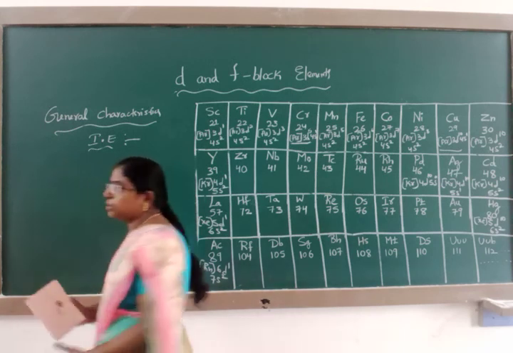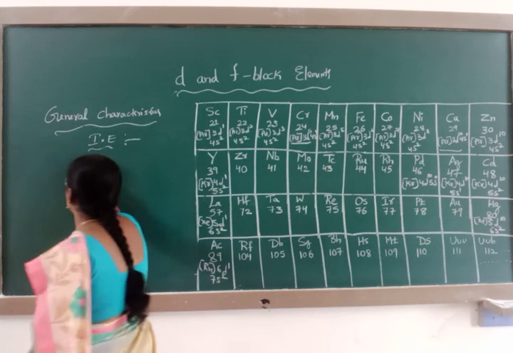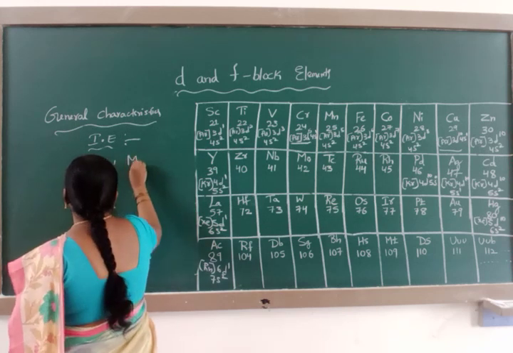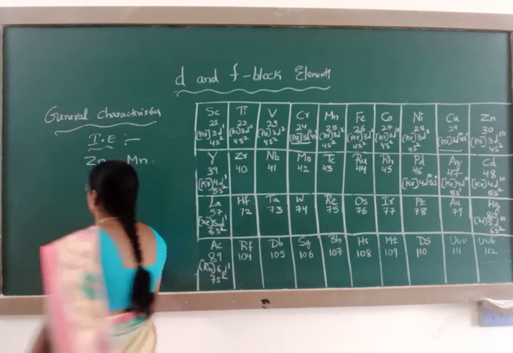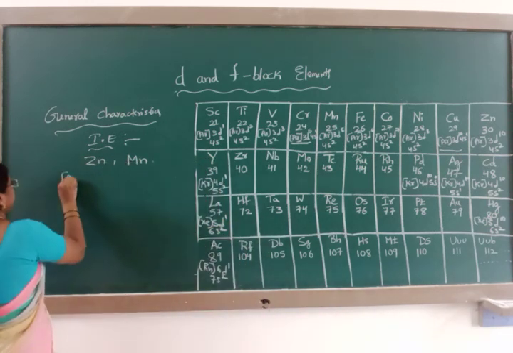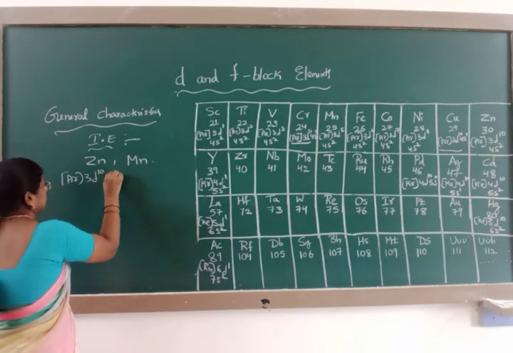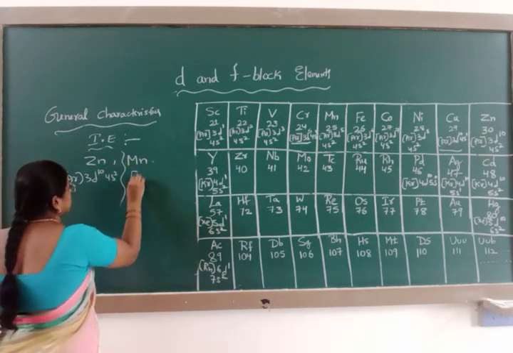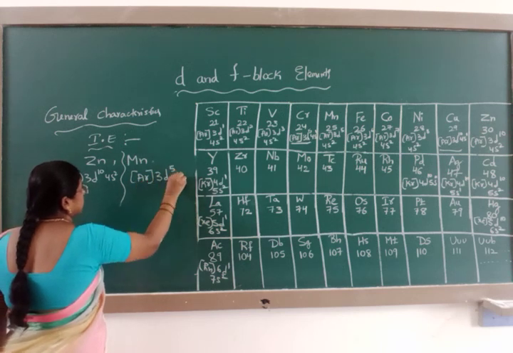After copper and chromium, next comes zinc and manganese. Zinc has argon 3d10 4s2 as its electronic configuration. Manganese has argon 3d5 4s2.